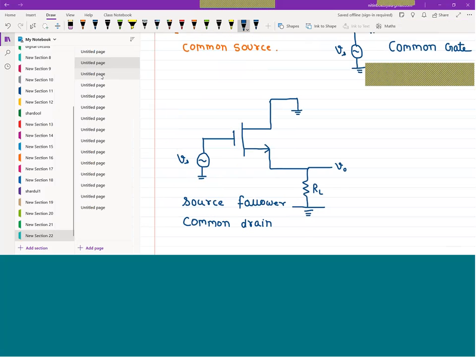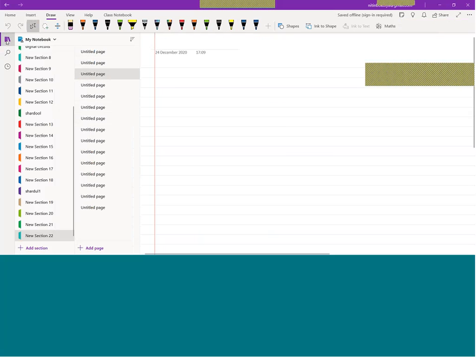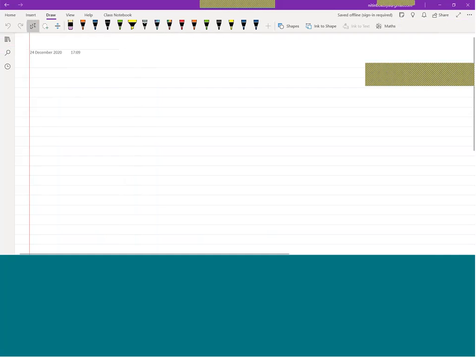One more model is the hybrid model, which we had discussed, the hybrid pi model. And hybrid pi model looks like this.